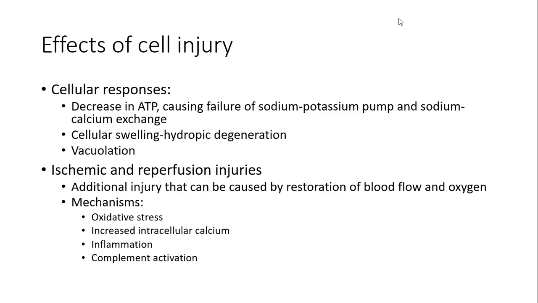Increased intracellular calcium is a consequence of a lack of pumps working, which then leads to inflammation, and then that triggers complement, which is an inflammatory response, which we will talk about more next week.